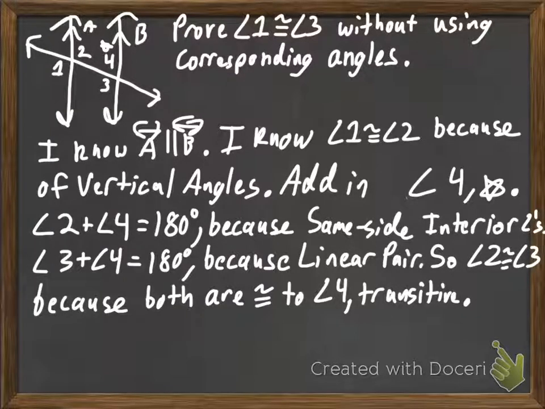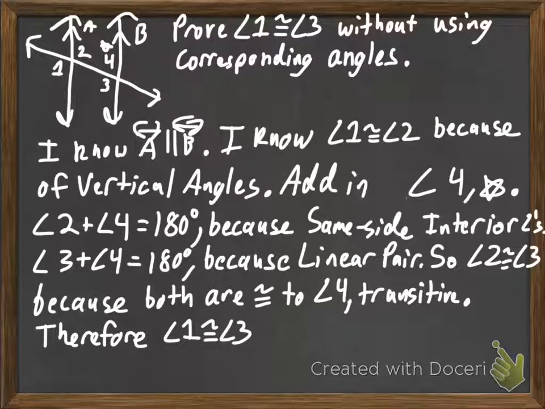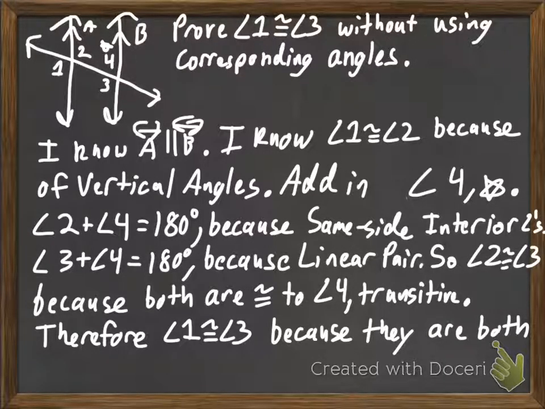And then we can just say, therefore, angle 1 is congruent to angle 3 because they are both congruent to angle 2.